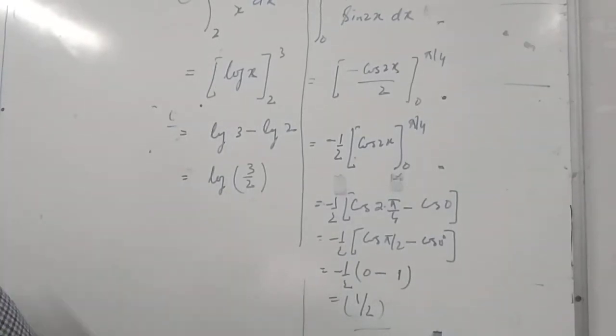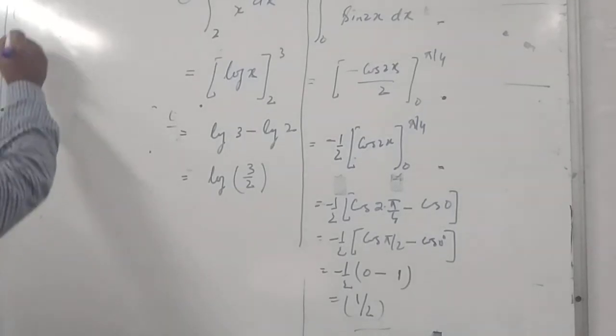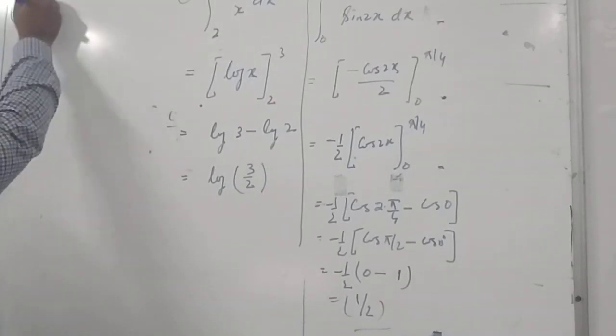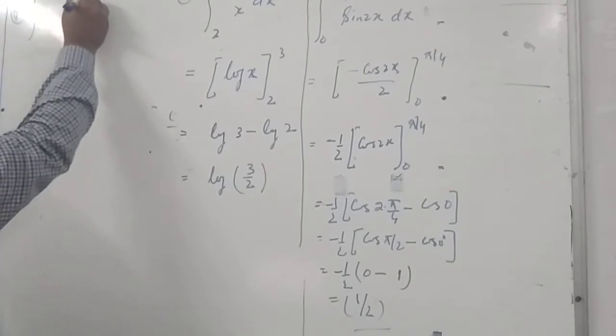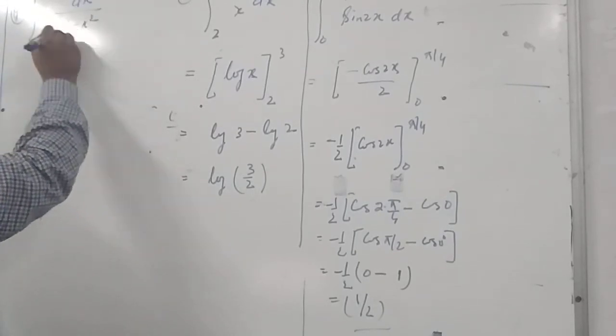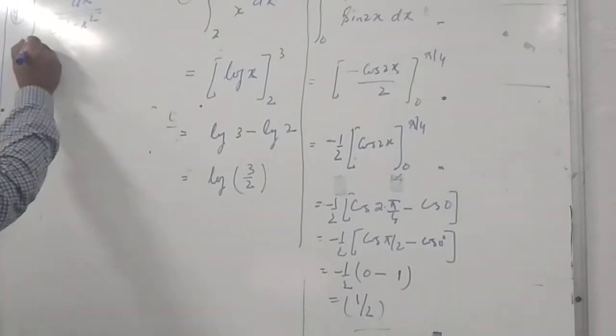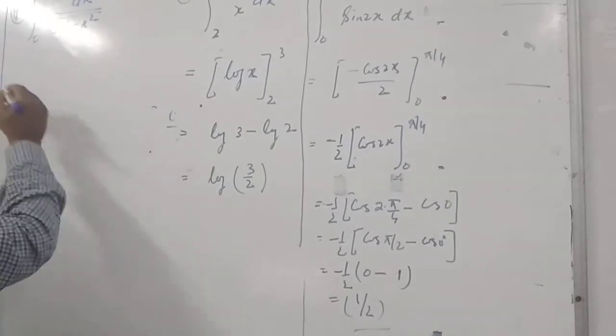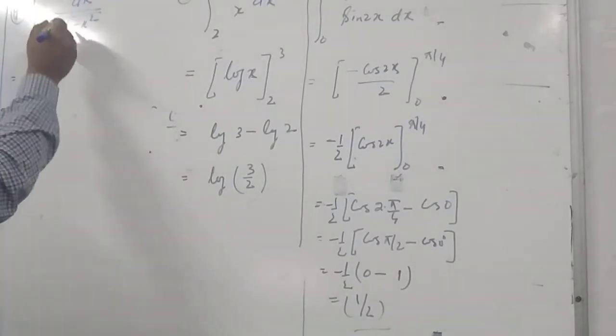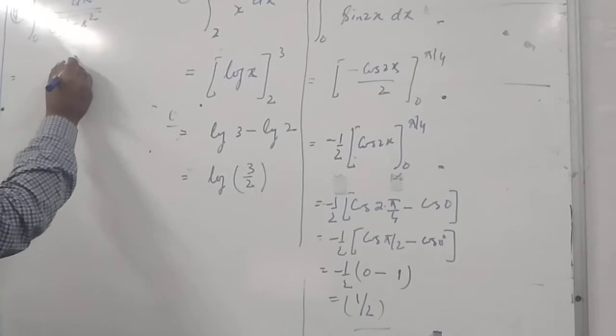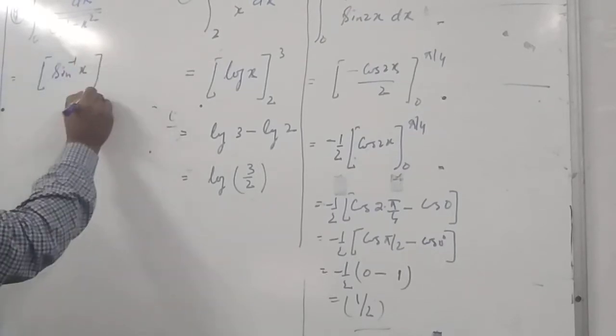Another question, of substitution: the integral of dx upon square root of 1 minus x square, with limits 0 to 1, lower limit 0, upper limit 1. Now we know that the integration of this is sine inverse x, from 0 to 1.